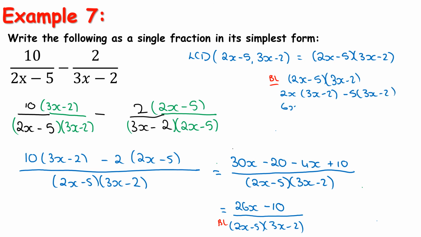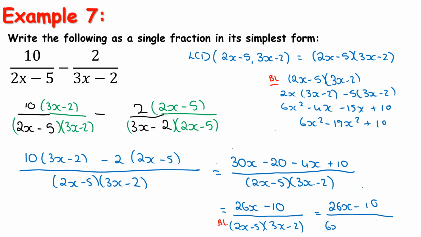So that's 6x squared minus 4x minus 15x plus 10, which is 6x squared minus 19x plus 10. So this is 26x minus 10 all over 6x squared. Oh, I have an extra squared in here. That shouldn't be there. Just minus 19x plus 10. And that's our final answer.